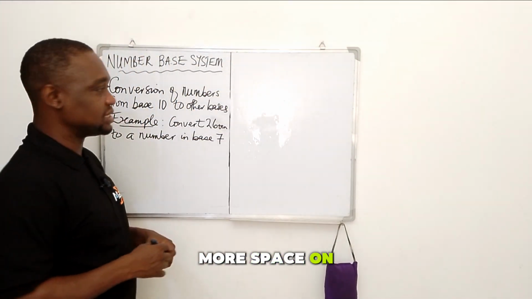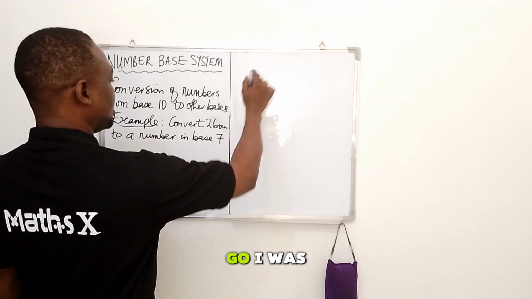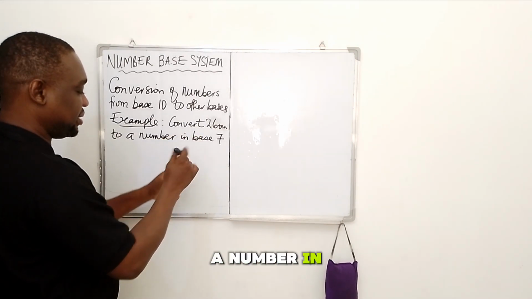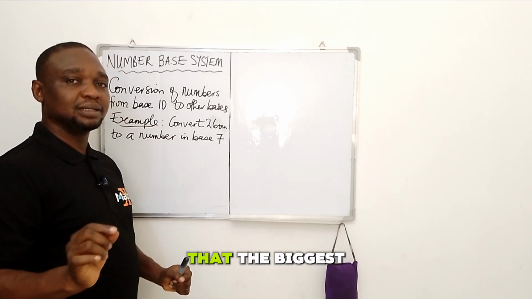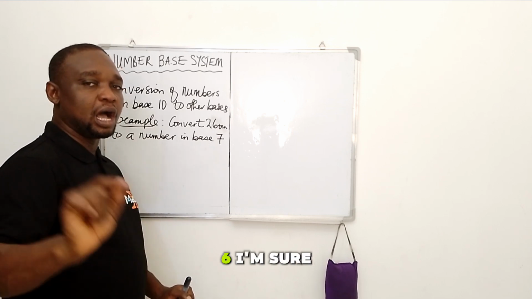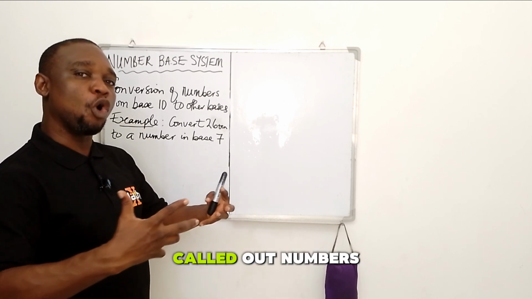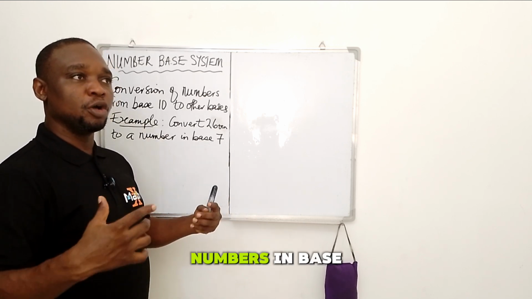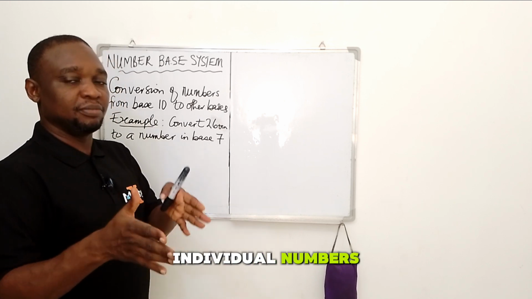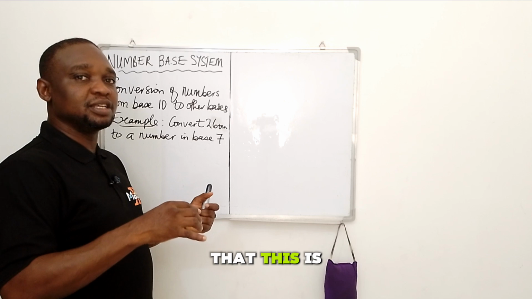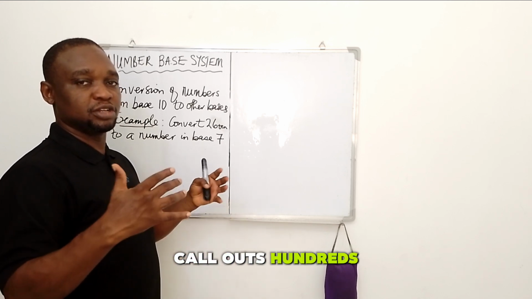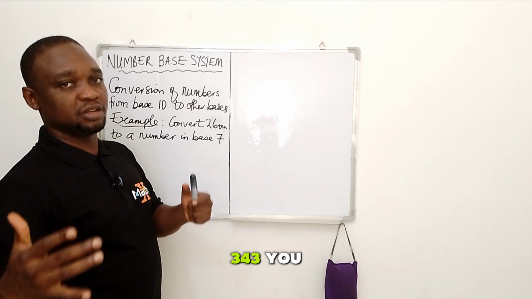I will take most space on this side of my board. So here we go. We're supposed to convert 26 base 10 to a number in base 7. In our previous class, I told you that the biggest notation in base 7 will be a 6. I'm sure in that video you must have observed how I called out numbers in base 4, numbers in base 5. I didn't call them in hundreds. I took time to call the individual digits, recognizing the fact that this is not in base 10, because it is in base 10 you're having those kind of call outs, hundreds, thousands.